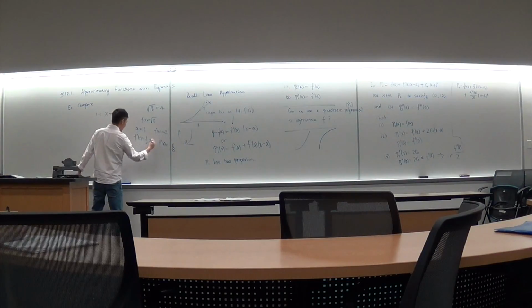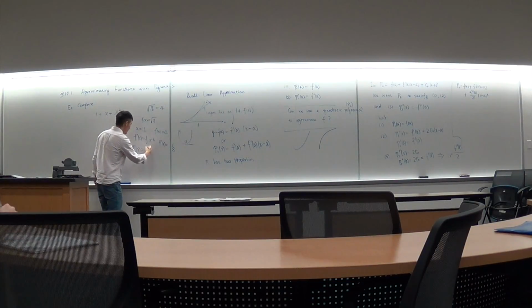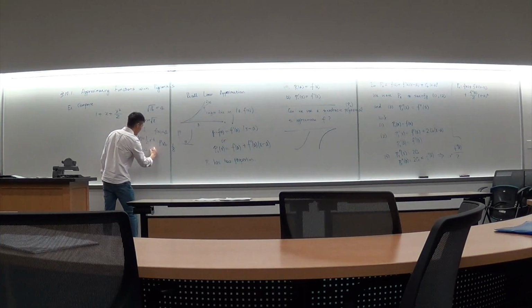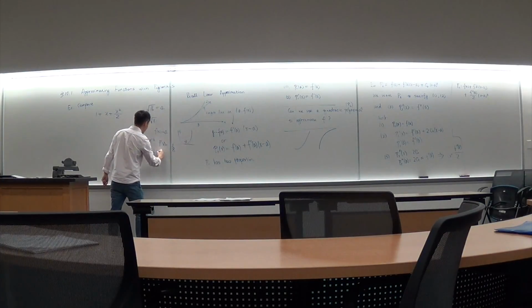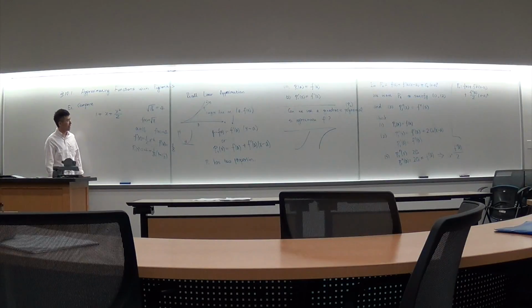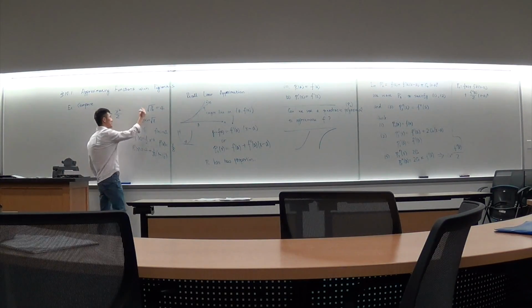Now we can write out our formula for P1. P1 of x is equal to 4 plus 1/8 times x minus 16. That's our P1. Now let's use P1 to approximate the square root of 17.